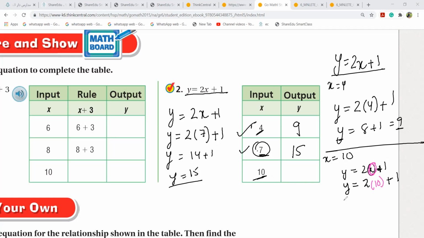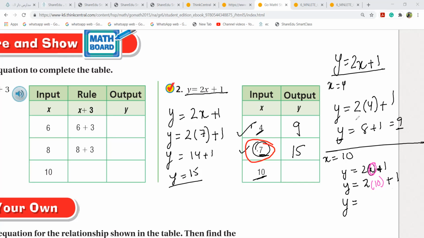Copy everything the same except instead of x you put this number. That's it. So here you will put y equals 2 times parenthesis 7 close parenthesis plus 1. Miss, but why in the second one, for y of 7, did we write y equals 8 plus 1? Shouldn't we say y equals 7 plus 1? Which question?